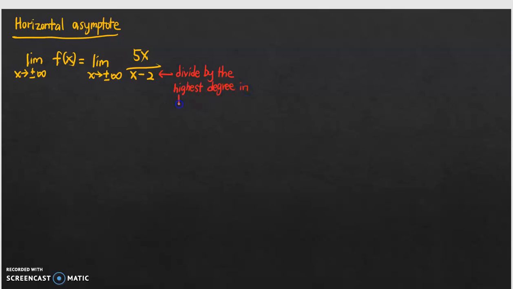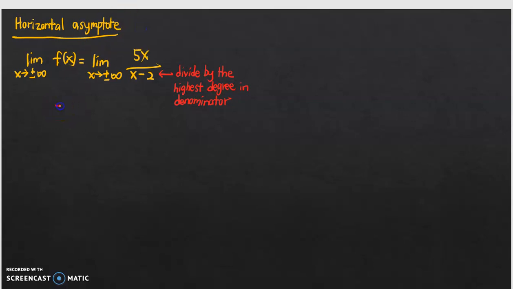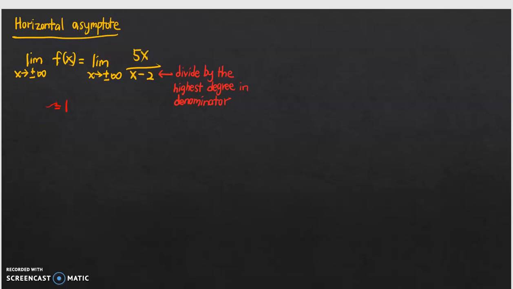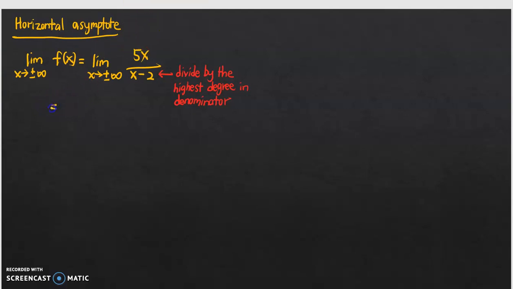In the denominator. So in this case, I will divide all by x, the highest degree of x, so I will divide by x: x minus 2 over x, 5x over x.